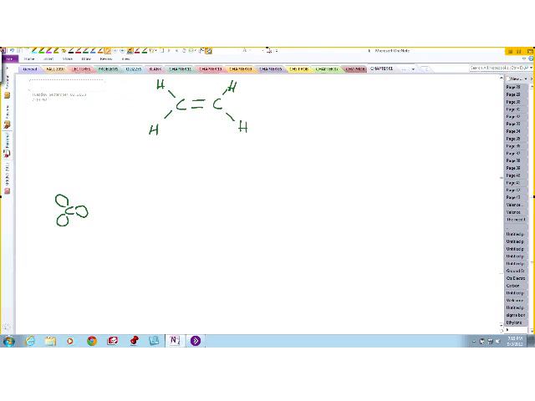And it also has the p orbital right here, perpendicular to the sp2 hybridized orbitals. The green are the sp2, and of course the blue is the p orbital. Each one of these has electrons.